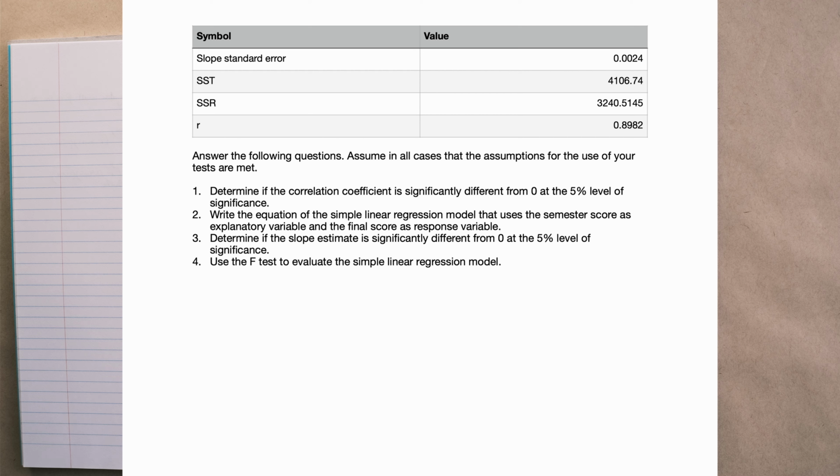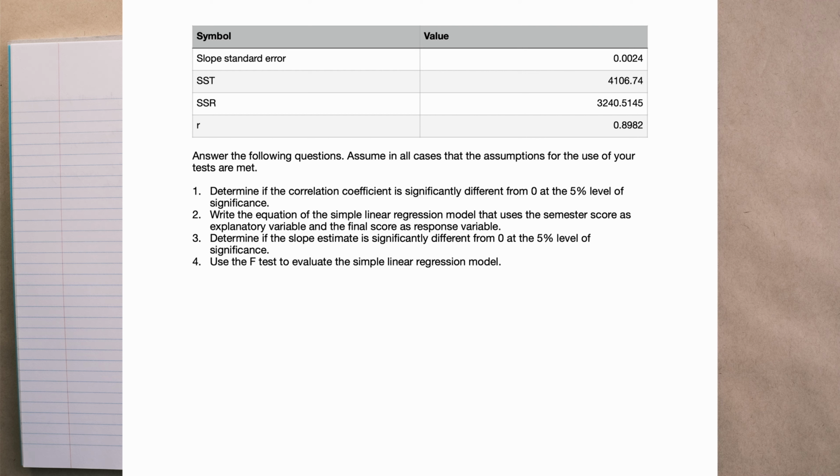The sum of squares total, remember that's summing over all the squared differences between the actual response variable value and the mean. We see that as 4106.74. The SSR, the sum of squares due to the regression, remember that's summing over the squared differences between what our model estimates the value to be for y, the response variable, and the mean.